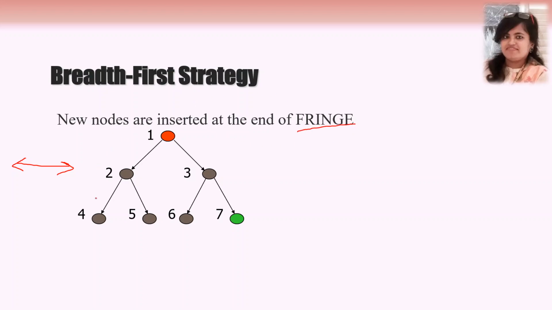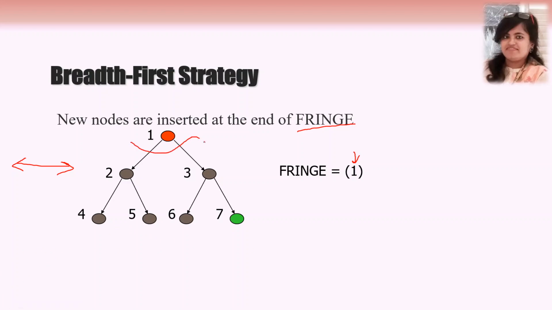So for this particular tree, what is the fringe initially? Here we are searching this particular node, node number 1. So node number 1 is currently in the fringe. Whenever we search a particular node, the children of that node belong to the unexplored set.